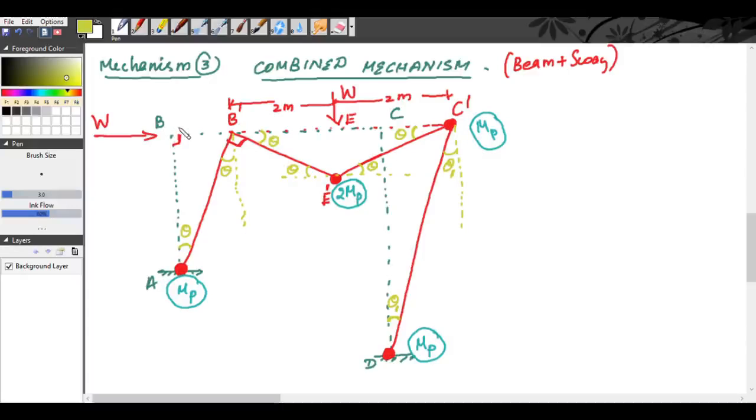Now the distances. See, there is a shift in B dash, right? We know AB is 3 meter and CD is 4 meter. So this distance BB dash will be equal to 3 theta.